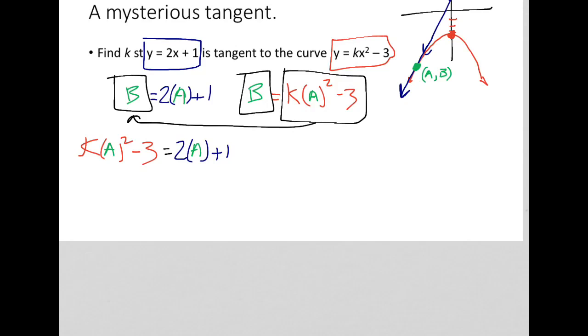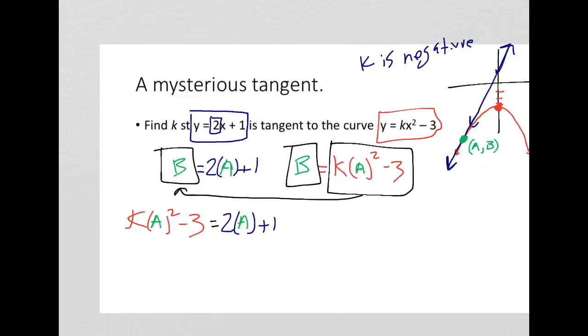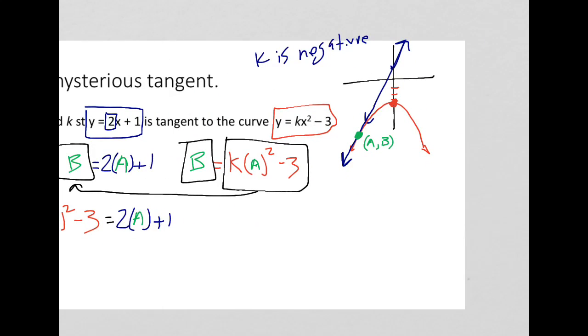So you've got to remember the relationship between the red function and the blue function. The blue function is the tangent line to the red function. The slope of the tangent line, so that slope there of the tangent line, 2, is the value of the derivative of the red function at that point of tangency.